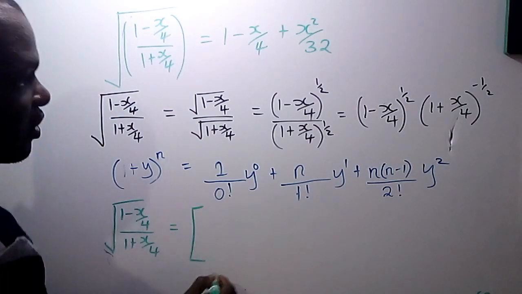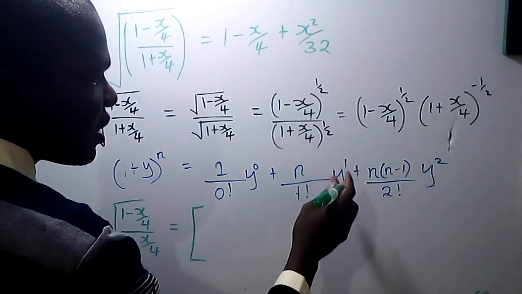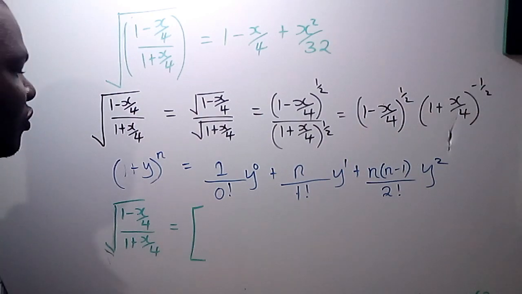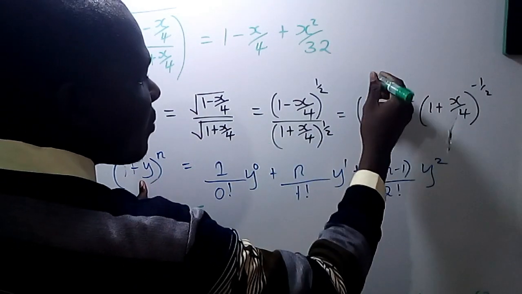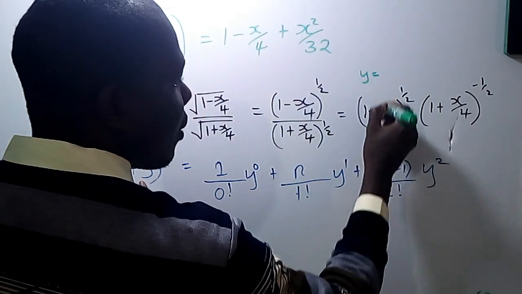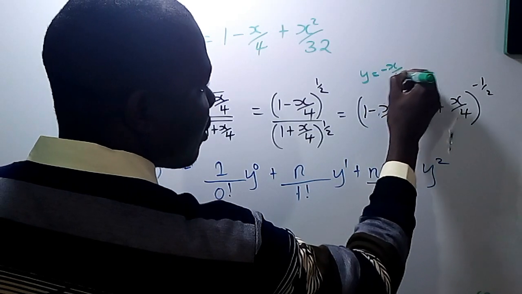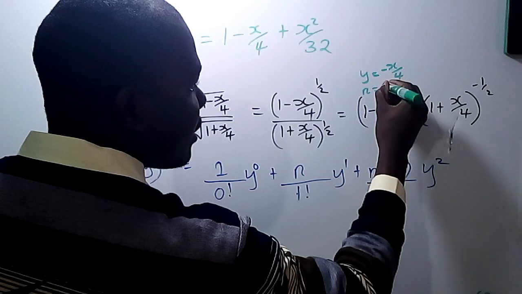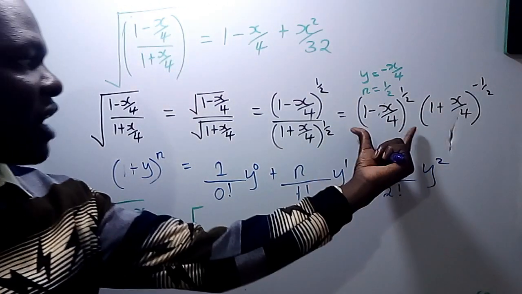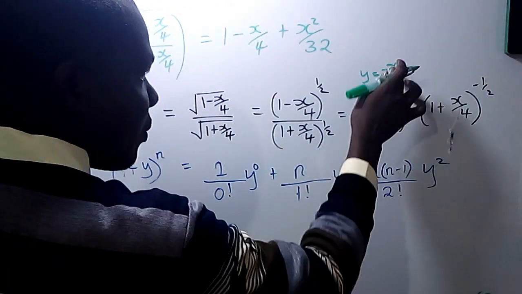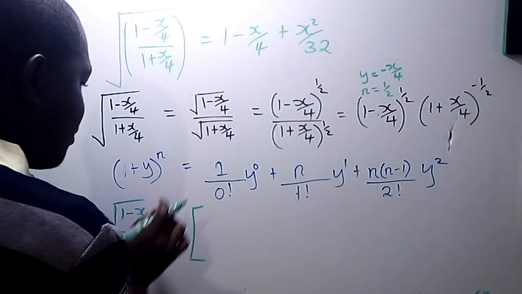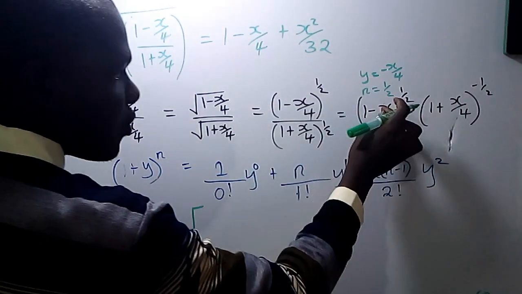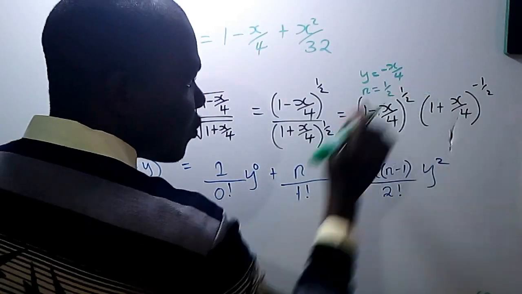So in this first function, our y is minus x over 4, and our n is 1 over 2. So where there is y, we put negative x over 4 in this first one. Then where there is n, we put 1 over 2.